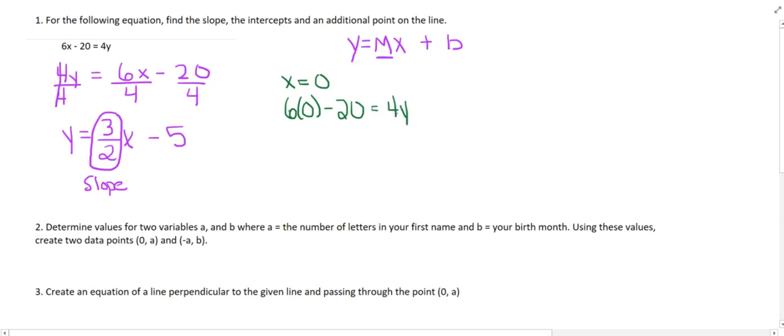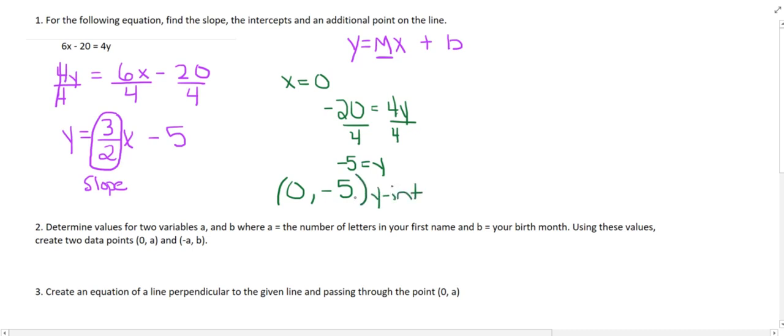Well, 6 times 0 is 0, so that just cancels out, and I get negative 20 equals 4y. So really, I can just erase this. And then I'm just going to divide both sides by 4. I get negative 5 equals y. So here I get this point that has an x value of 0 and a y value of negative 5. That is going to be my y-intercept, because the y value is the value that is not 0.